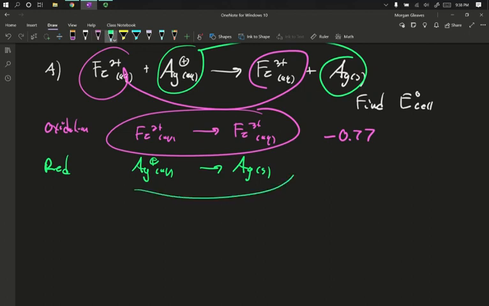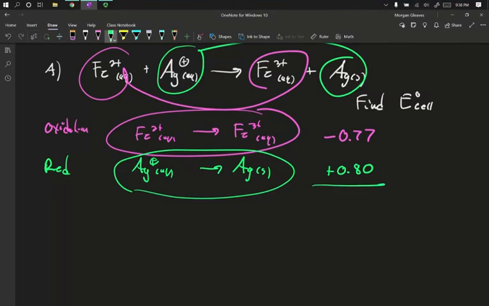Our silver, however, is written just as the table was written: oxidized form going to reduced form. That was +0.80. Using the data from the table, we can use the silver as was. We can flip the iron because our reaction has it going the other direction.